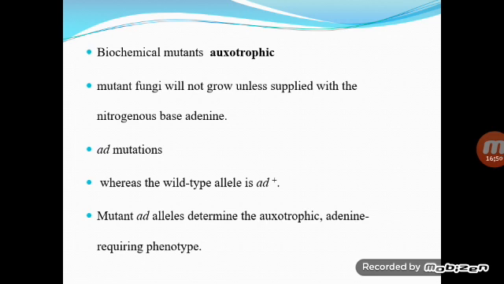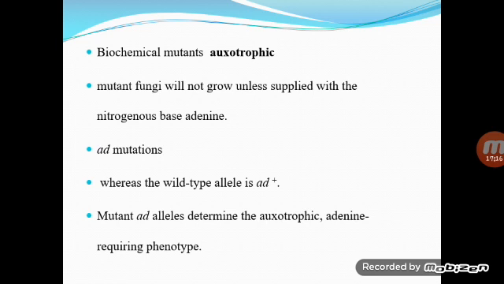Such types of fungi are called ad mutations. Ad comes from adenine, whereas the wild type allele is ad plus. Mutant ad alleles determine the auxotrophic adenine requiring phenotype.